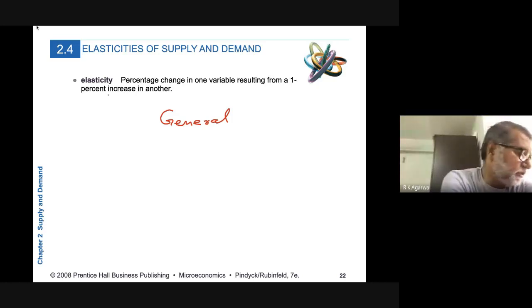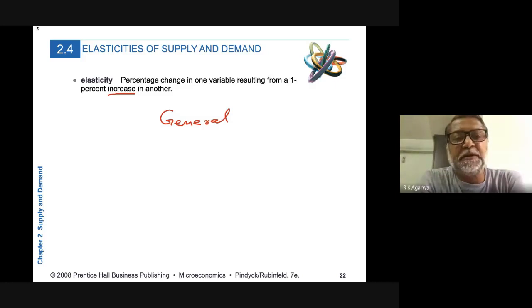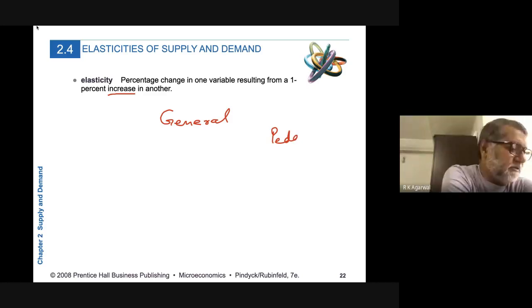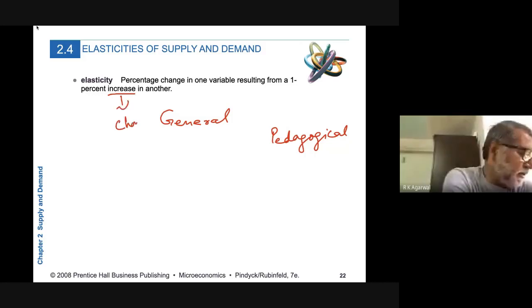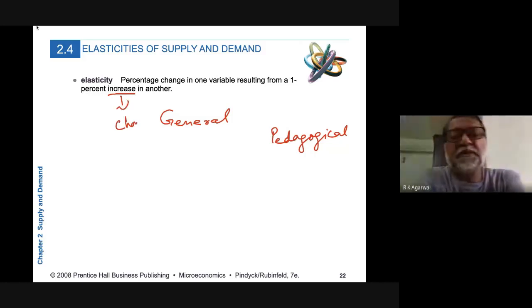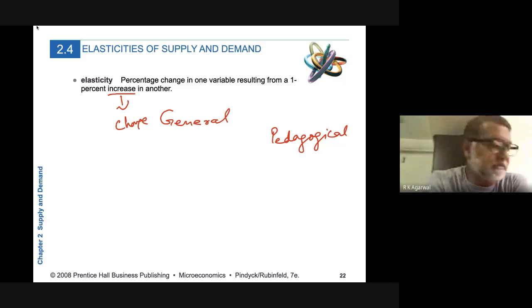The word increase is not actually required here, but it is written only for pedagogical reasons. Otherwise, the better word would be change. What would be the percentage change in one variable resulting from a 1% change in another variable?